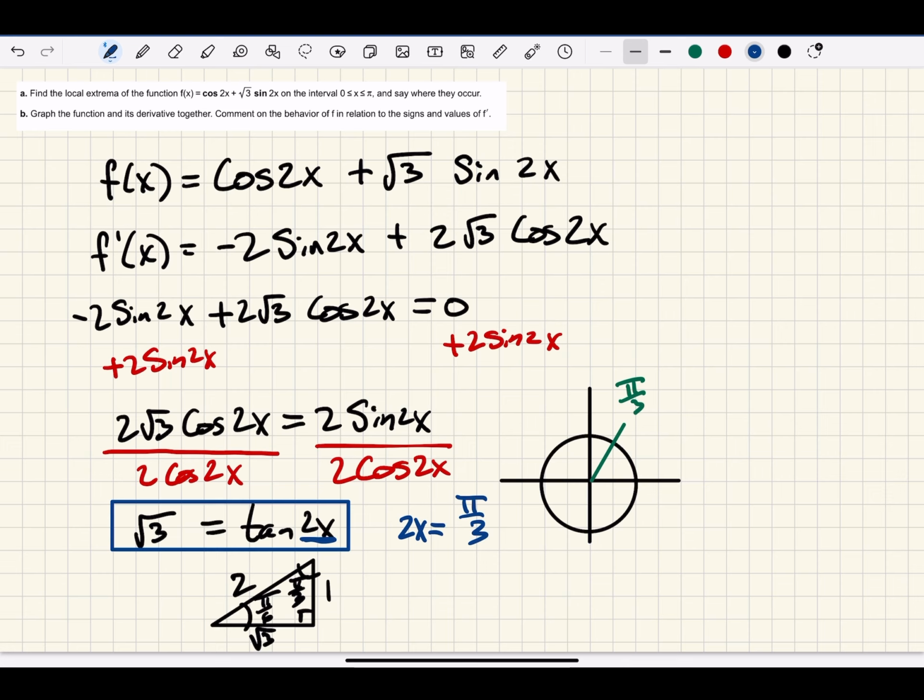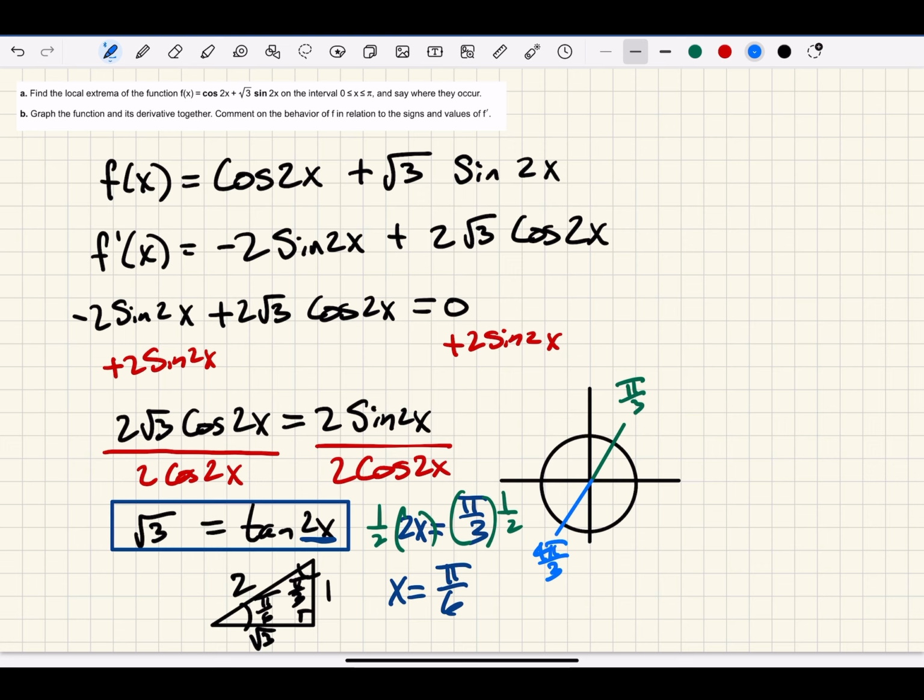So we will set 2x equal to pi over 3, multiply both sides by 1/2, and we'll find that x is equal to pi over 6. Let's see if there are any other angles on the interval from 0 to pi where the tangent is equal to the square root of 3. In the third quadrant, there is an angle 4 pi over 3 where the tangent is equal to the square root of 3.